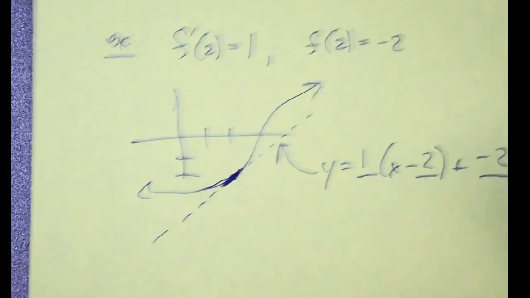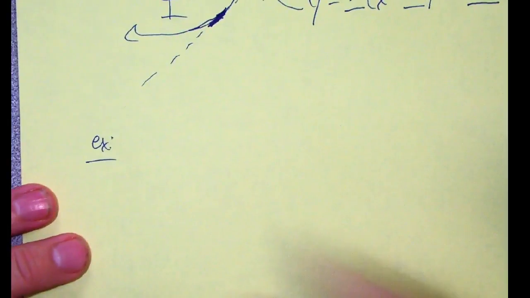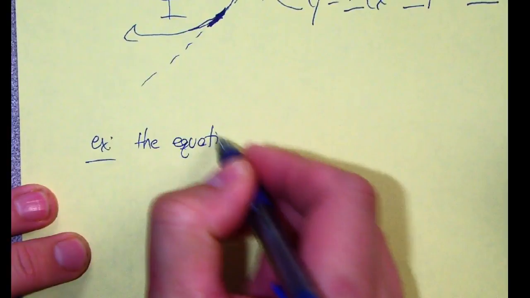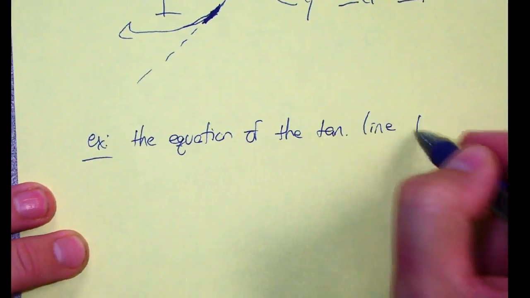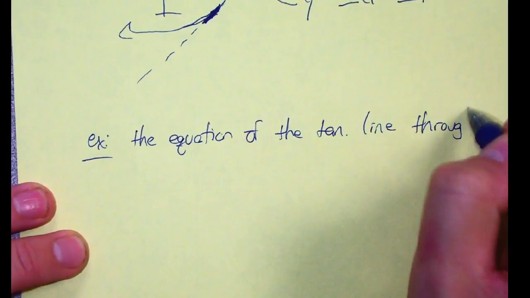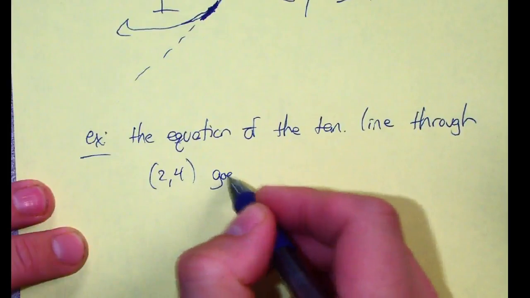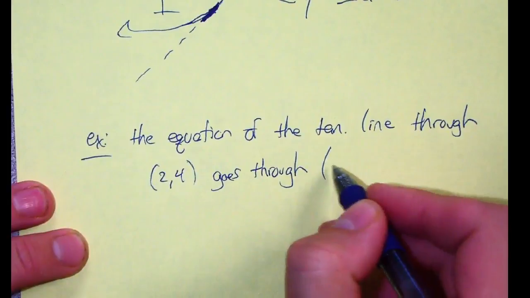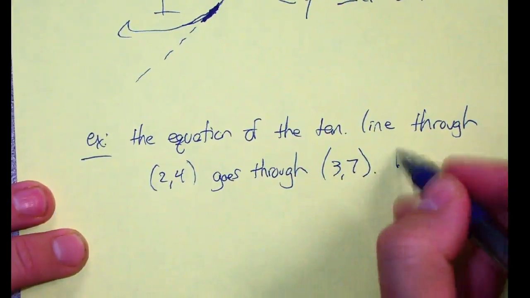They might do this a slightly different way too. They could give you, let's say, the equation of the tangent line through 2 comma 4 goes through the point 3 comma 7, let's say.